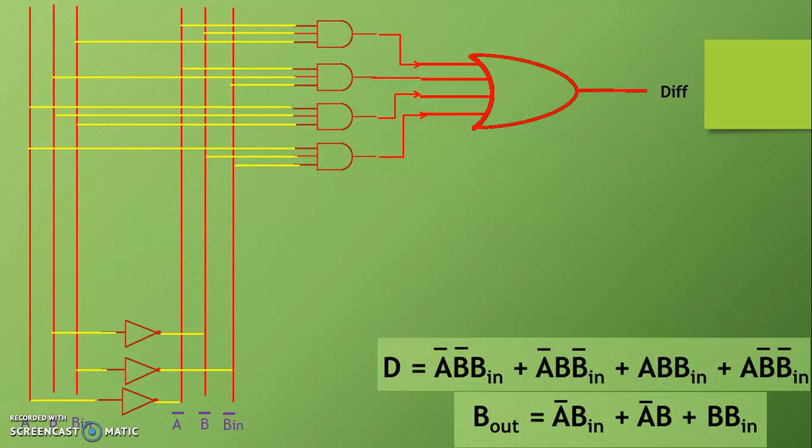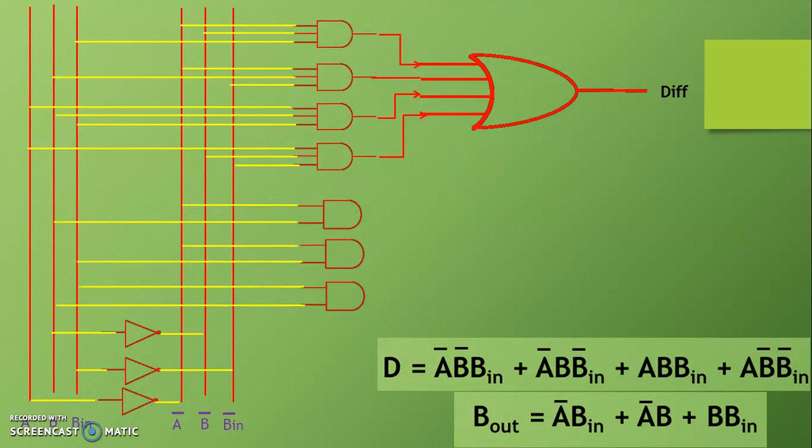Same way we can prepare a logic circuit for the borrow also. We have 3 product terms and each product term is with 2 literals, so we use AND gates with 2 inputs. As per the Boolean function we give the connection. Again it is SOP form, so we use an OR gate with 3 inputs.